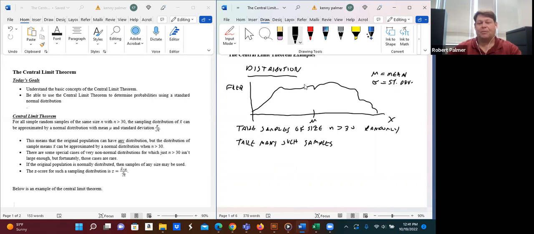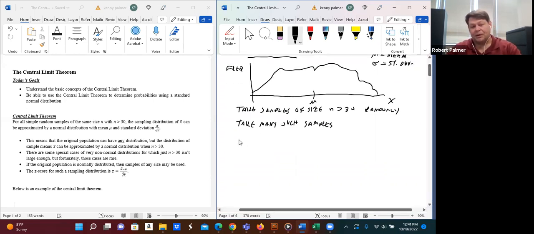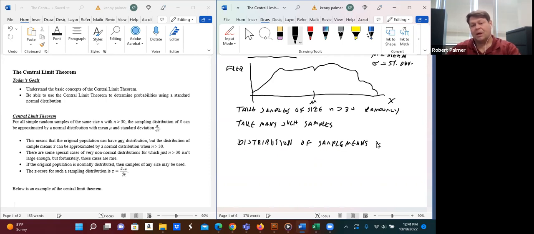So we get a bunch of data points here randomly, 30 values. Then we do that many, many times, maybe hundreds, thousands of times. So what happens then, we get a distribution of the sample means. And the sample means we're going to call x bar.